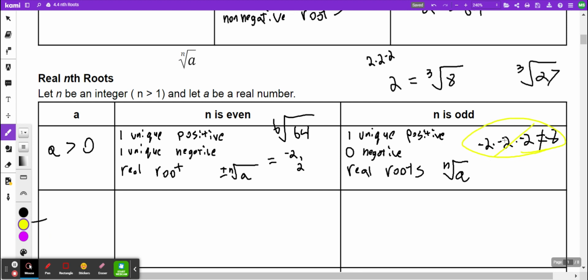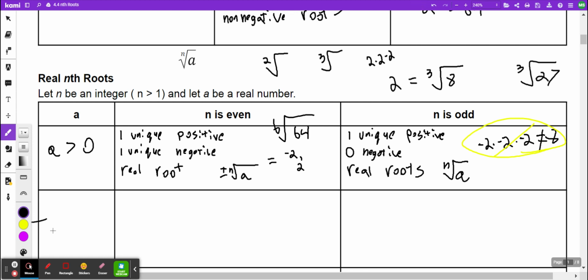It's only going to be positive. So the difference between the square root or cube root: if it's even, two answers, positive and negative. If it's an odd, like the cube, then there's only going to be one positive answer, no negatives.